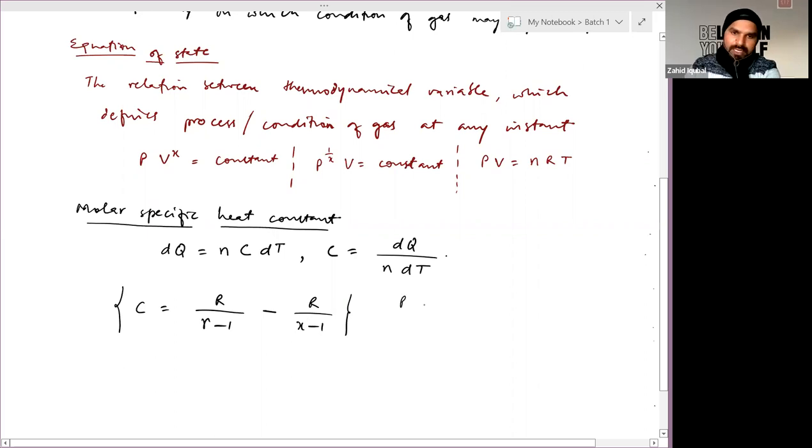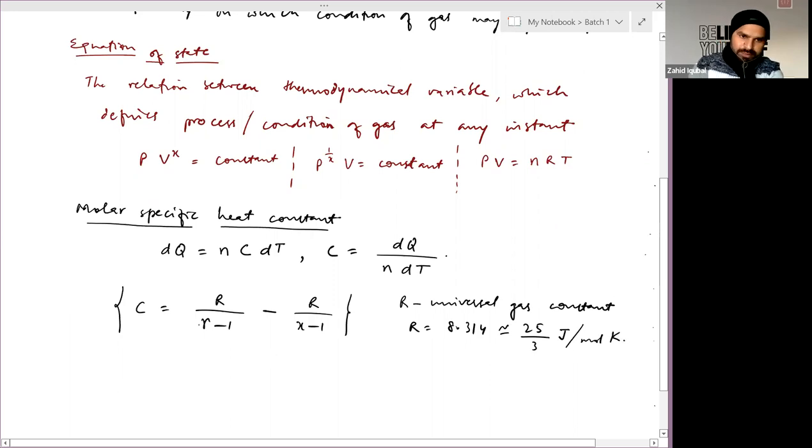In this part, R is the universal gas constant, which is equal to 8.314, or you may use 25/3 joule per mole per Kelvin.